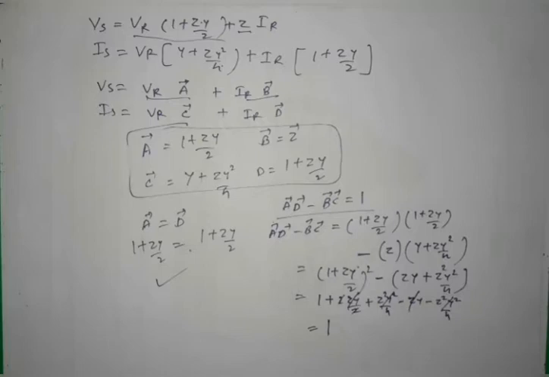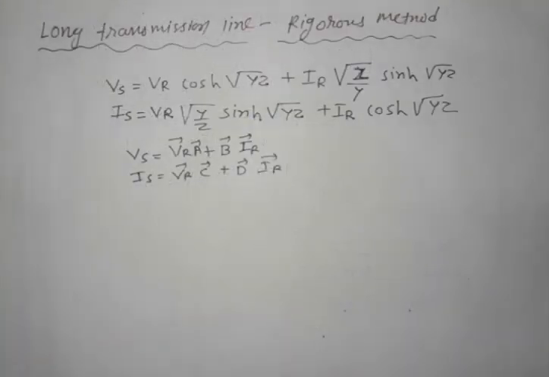Now we see how the ABCD parameters are found for the long transmission line. Now, long transmission line with the rigorous method.